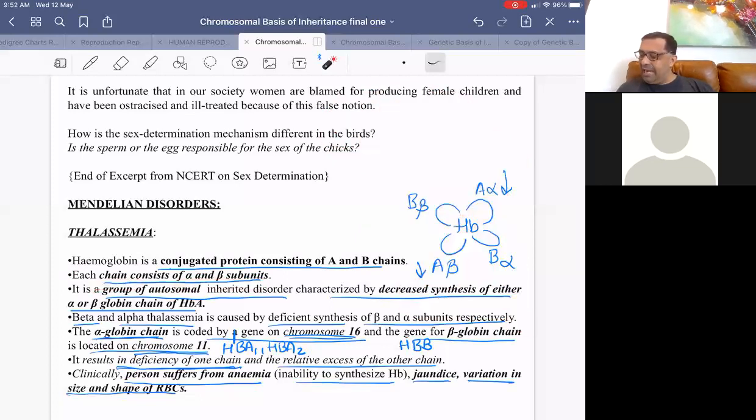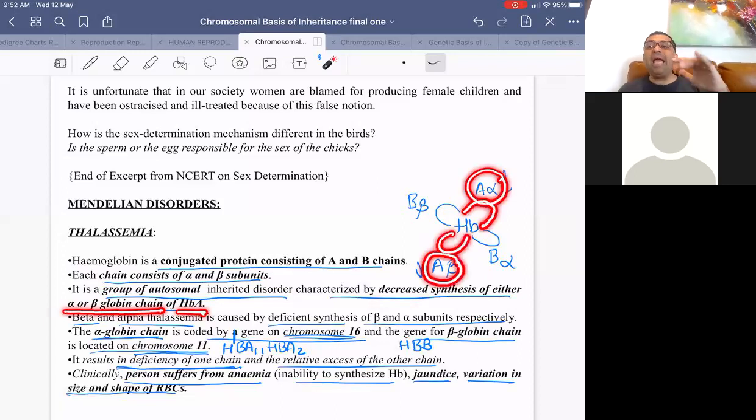Now, what will happen in thalassemia? It is the group of autosomal inherited disorder, and more specifically autosomal recessive disorder, characterized by a decreased synthesis of either alpha or beta globin chain of hemoglobin A. तो hemoglobin A का A alpha या hemoglobin A का A beta ये synthesize ही नहीं होता है.